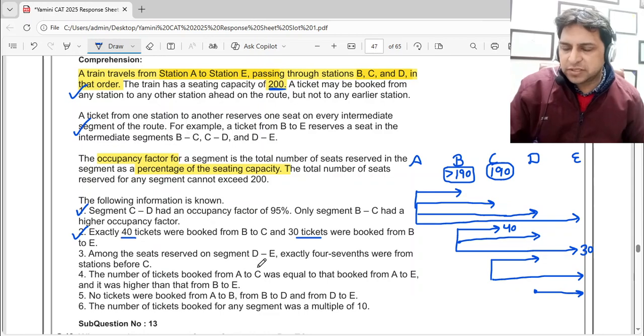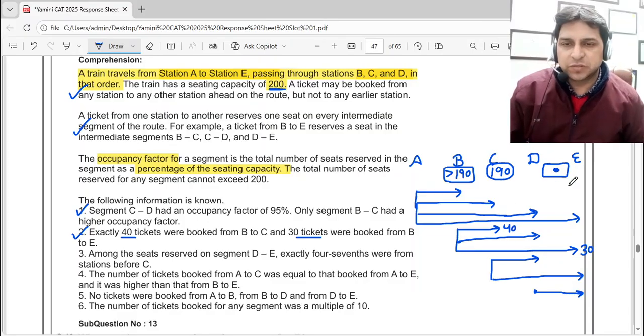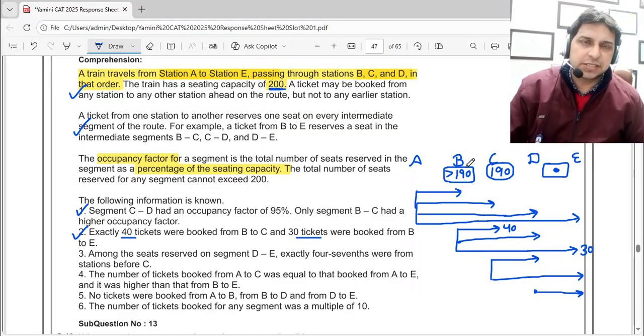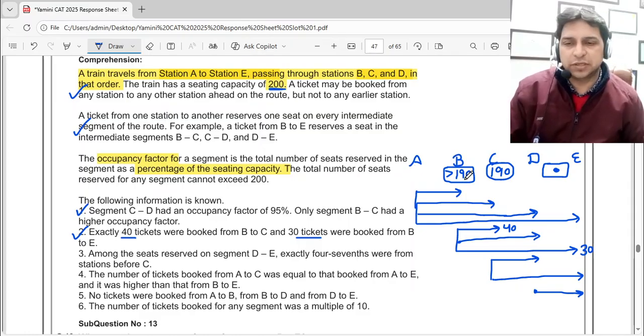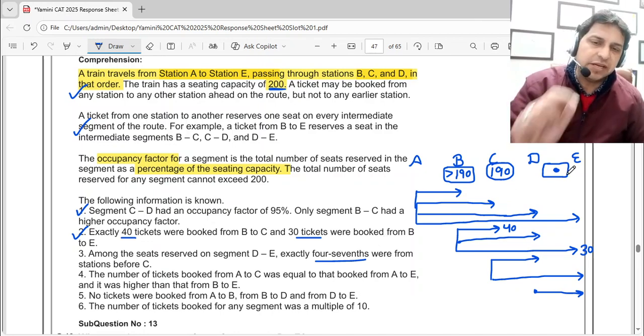Among the seats reserved on segment D to E, exactly 4/7 were from stations before C. That means 4/7 of the people who are traveling on this segment have taken the tickets either at station A or at station B, and the remaining 3/7 have taken the tickets either at C or at D, and they are traveling till E, all of them.